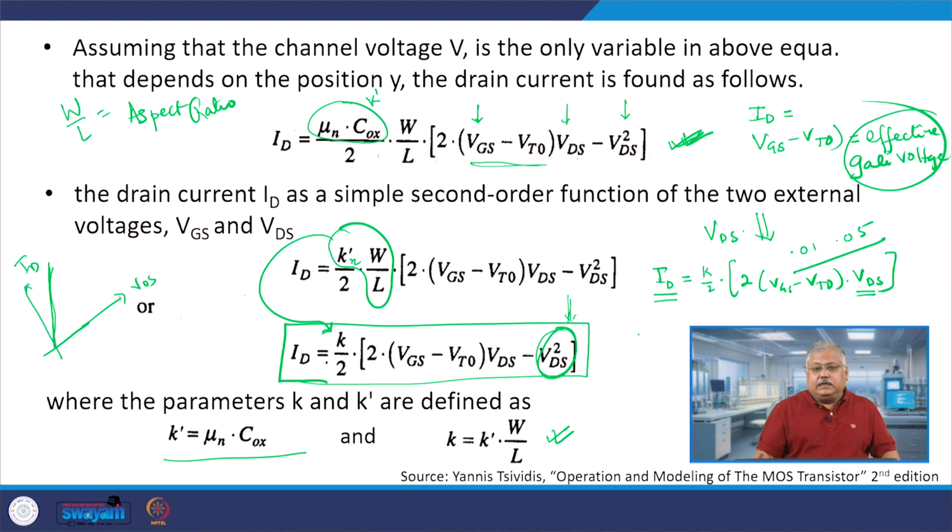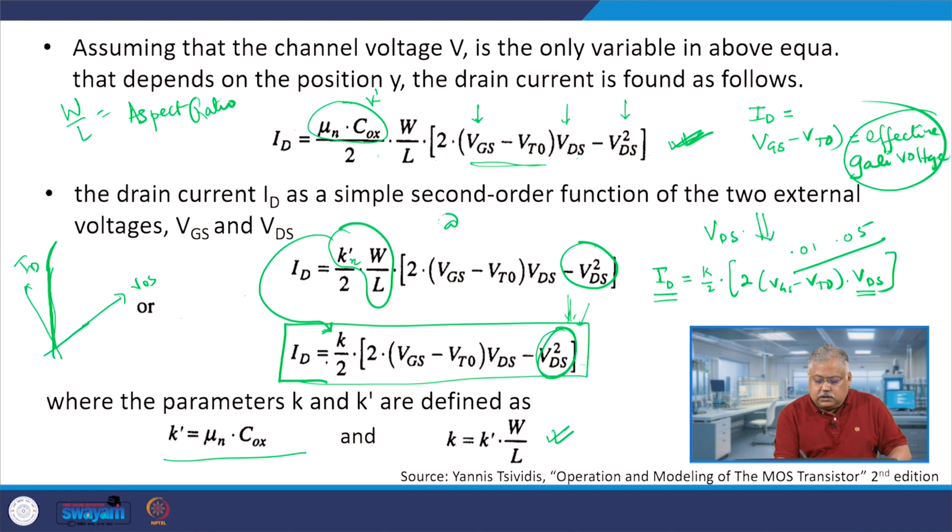As you start increasing the value of VDS, this parabolic term comes in, with the negative sign. So this starts to taper out, and the lowering effect is because of this negative VDS square term, which was not showing its effect when your VDS was very small, because that quantity can be neglected.